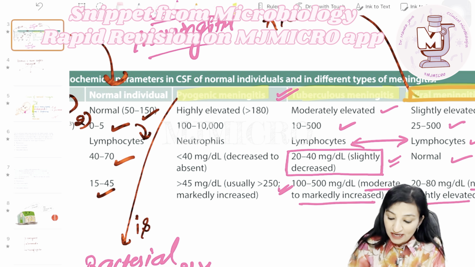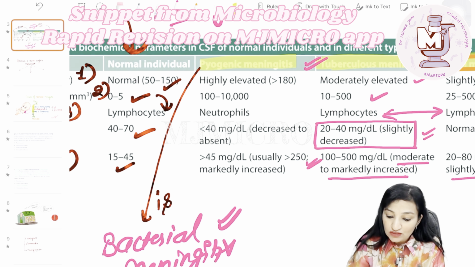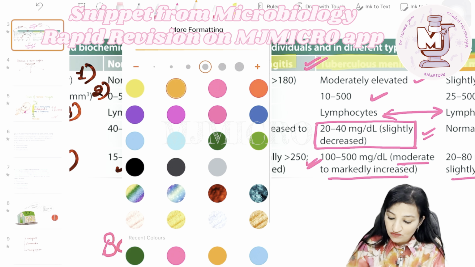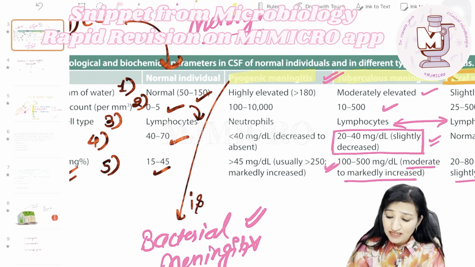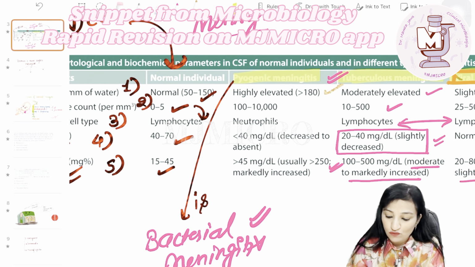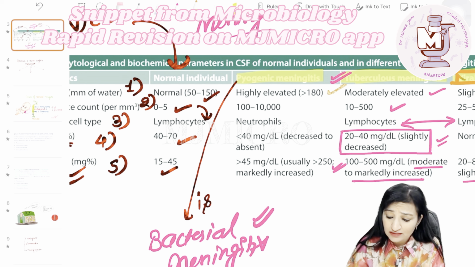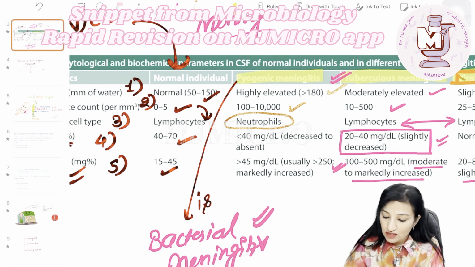Now coming to pyogenic meningitis, which is also known as bacterial meningitis. This meningitis is the one which is going to be most active, in the sense that the pressure is highly elevated, more than 180 millimeters of water. The cells are in the range of 100 to 10,000, and the cell type elevated is neutrophils.